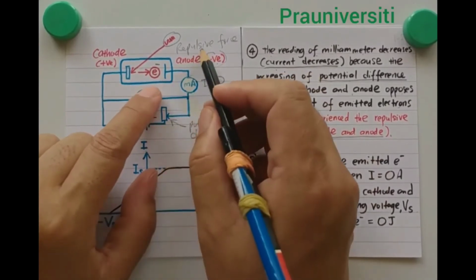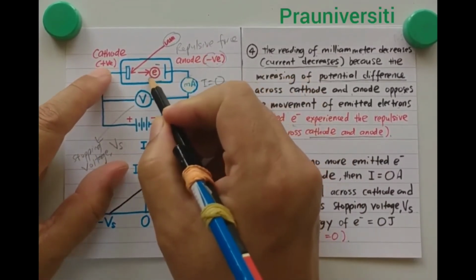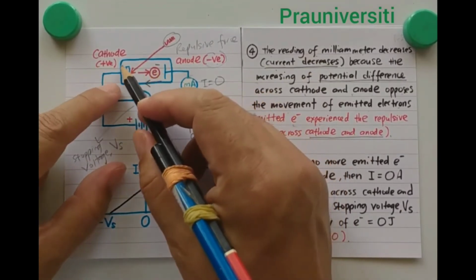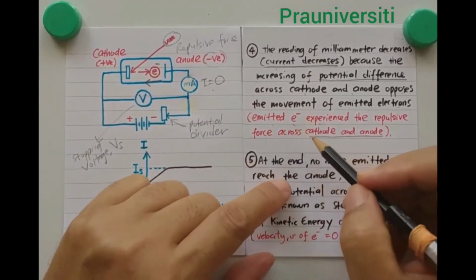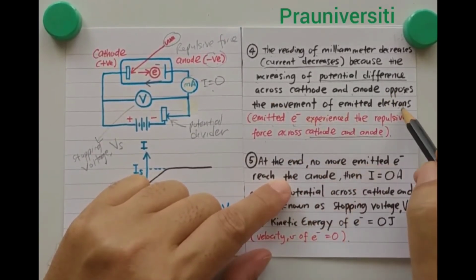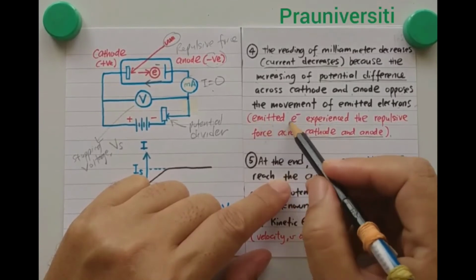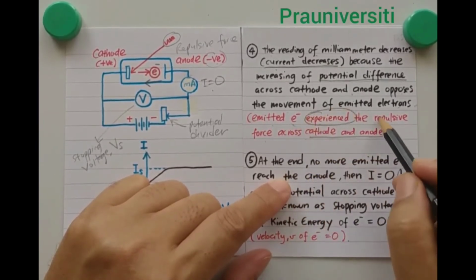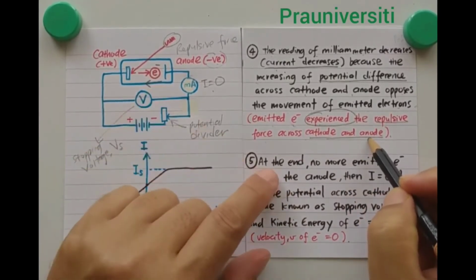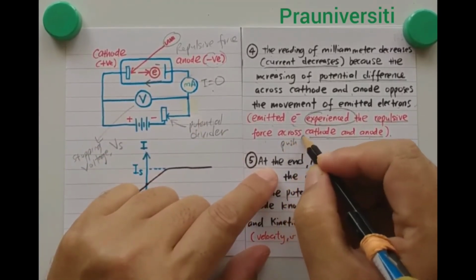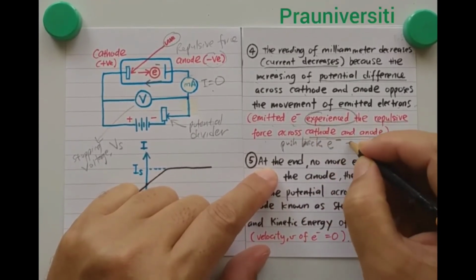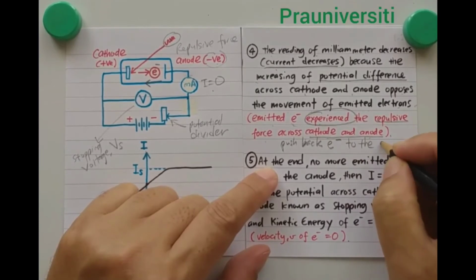That means the repulsive force gives resistance, pushing the electron back to the cathode. So it opposes the movement of the emitted electrons, which experience the repulsive force across the cathode and anode and are pushed back to the cathode.